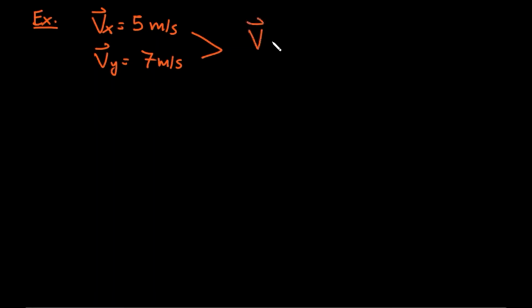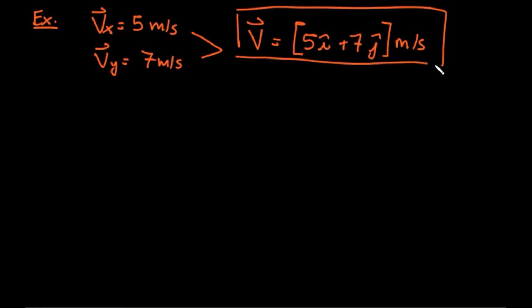So vector V, in this case, would be equal to 5I, because for the horizontal we use an I, plus 7j. The reason why I put this in square brackets is because the unit is going to come to the outside. Whenever we write something that has a unit, we would always include the square brackets, and the unit would be on the outside.